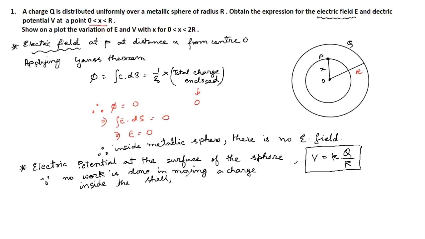So since there is no work done, obviously you will not have any potential difference inside the shell. That means when you don't have any potential difference, the potential inside the shell will remain constant at every point.